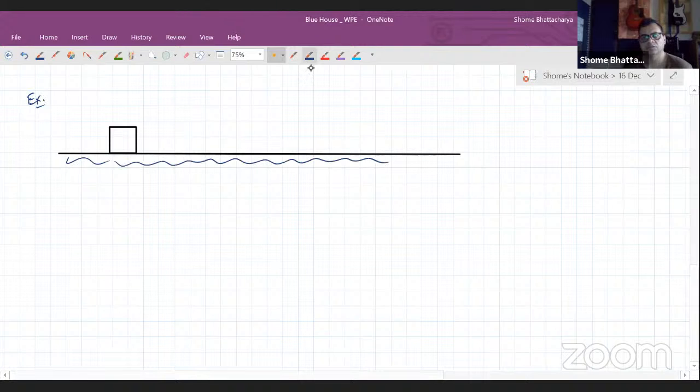This is a rough surface with coefficient of friction 0.2, and the mass of this block is equal to 10 kilograms. Initially it is at rest at time t equal to 0.